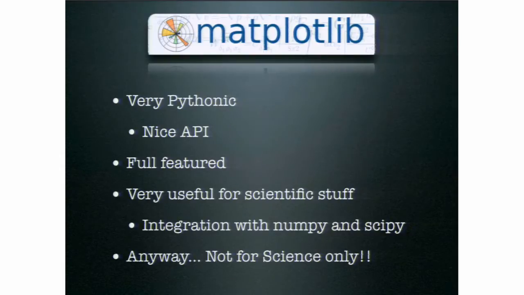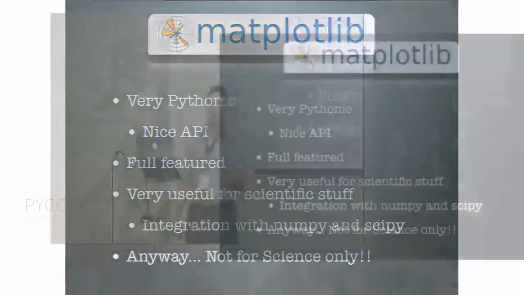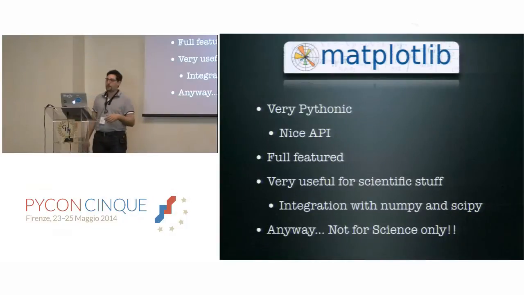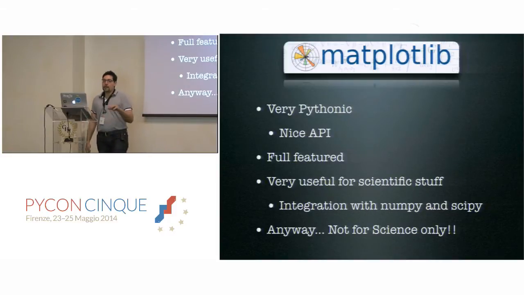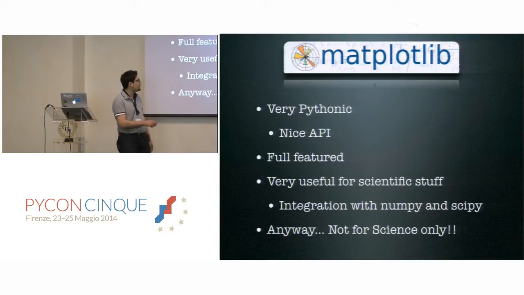I mean, calling functions instead of configuring objects and methods. It's full-featured because it has a very, very huge set of functionality. And in general, it is largely used in the scientific community, mainly because it has a great integration with NumPy and SciPy, but anyway, it is not for science only.